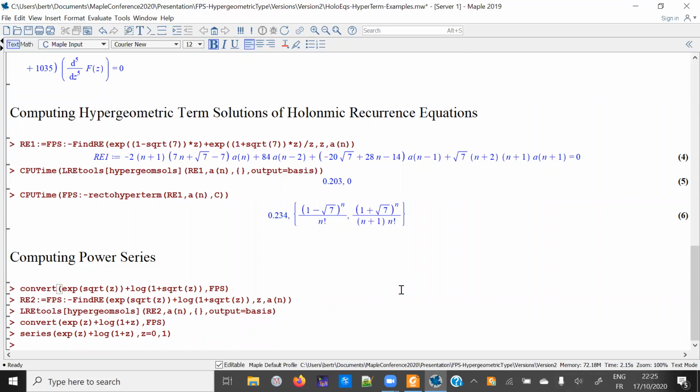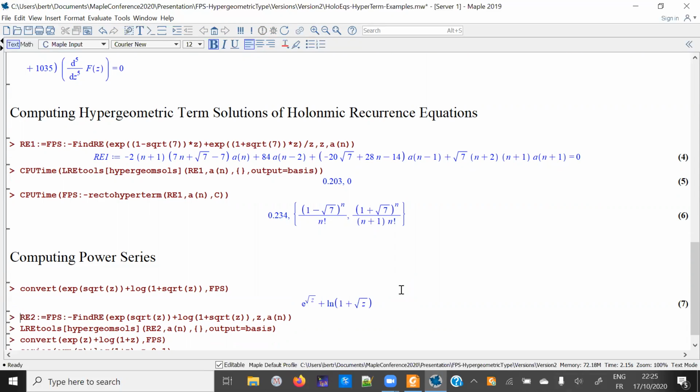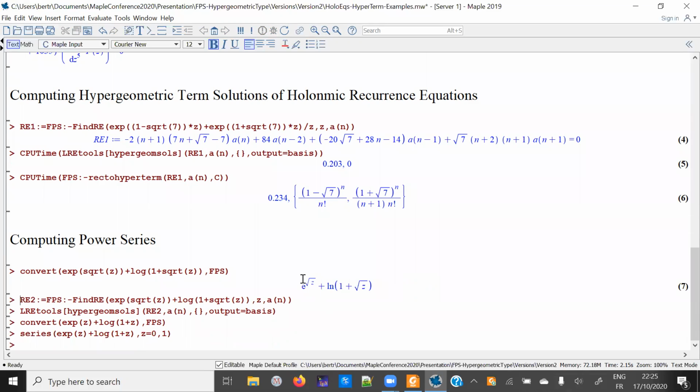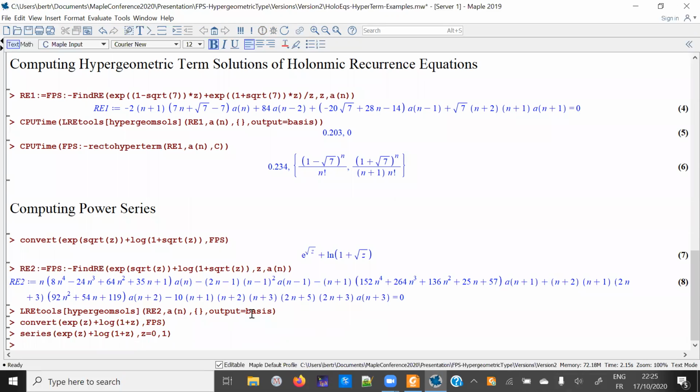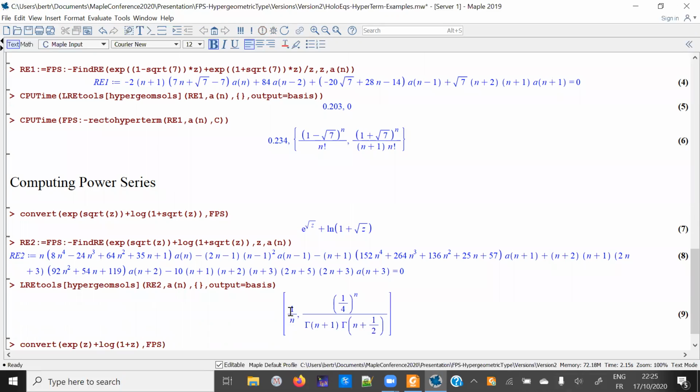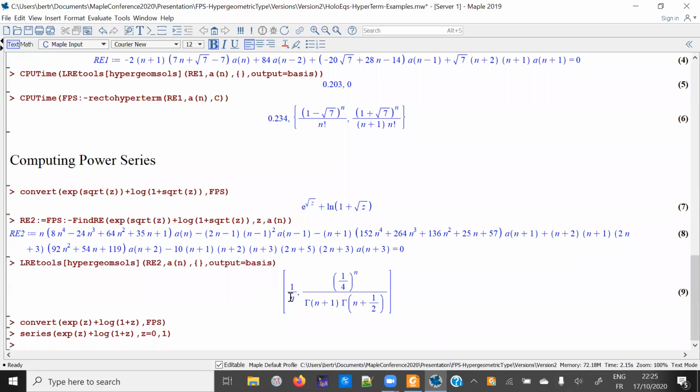Now here we give an example where the FPS command of Maple fails to find the power series representation, but where there are, in the involved recurrence equation, hypergeometric terms that can be easily computed using the hypergeomsols command. So this means that in the way of computing the linear combinations or the Poisson number of the representation, something goes wrong in the procedure.